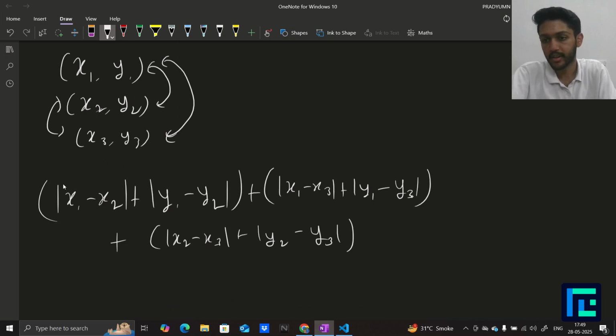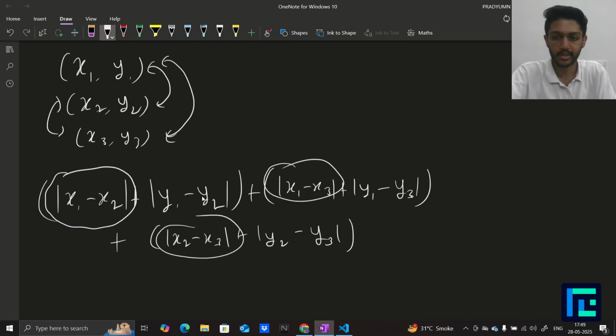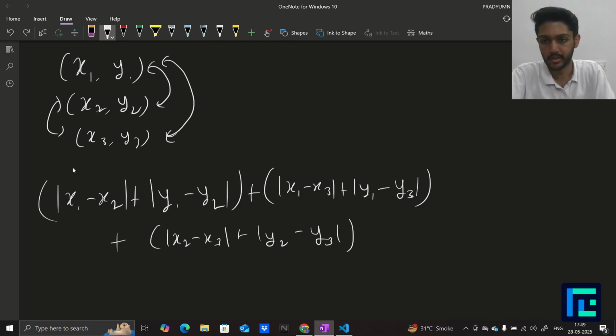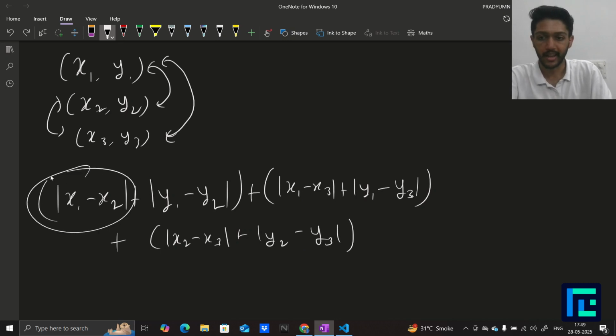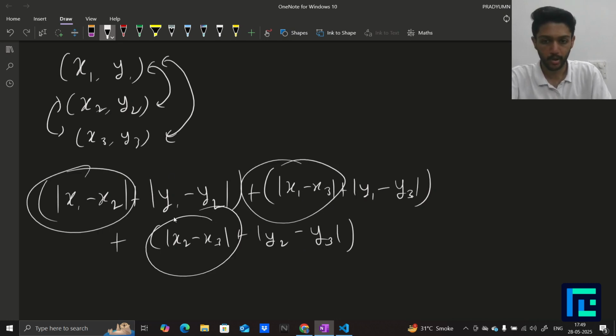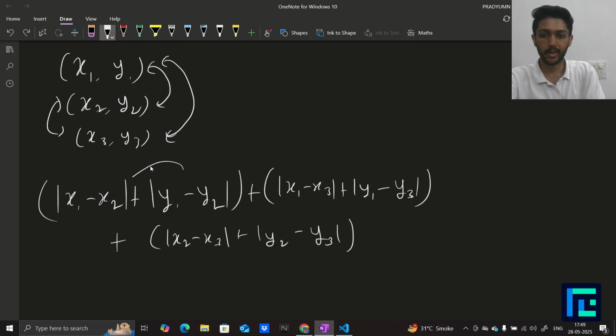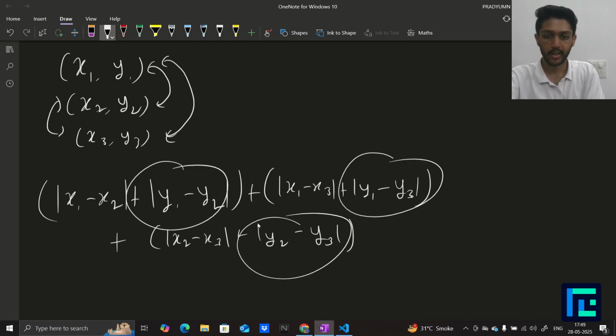You can simply group all the x terms together and keep them in one bracket. See, this whole thing is a sum of 6 terms: 1, 2, 3, 4, 5, and 6, right? So just keep these x terms in one bracket, and these y terms in another bracket, and you can calculate them separately and finally just add them up, right?